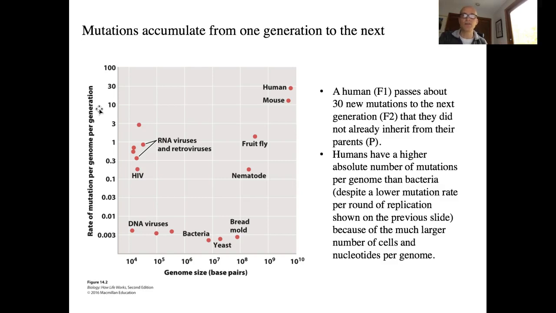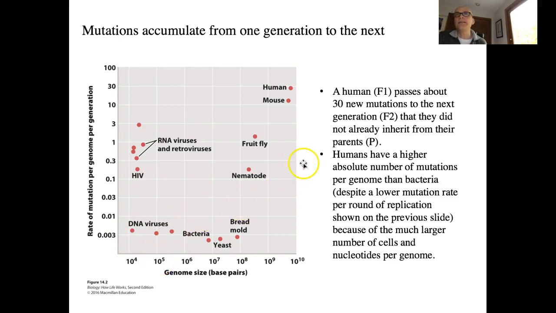If the generation is just one cell because it's a single cell organism, then you would assume that there are fewer mutations made overall than if it's a multicellular organism that has many cells that duplicate many times during the lifetime of an organism. And so that's why now humans and mice and fruit flies are so much higher here at the rate of mutations as opposed to viruses and bacteria that are down here.